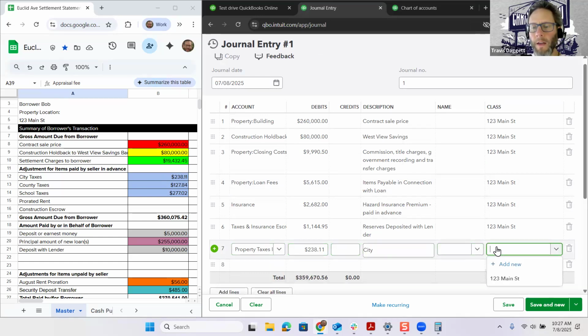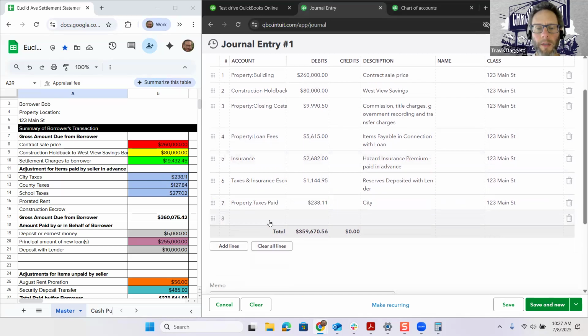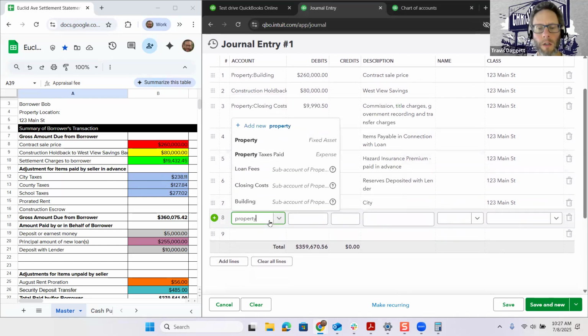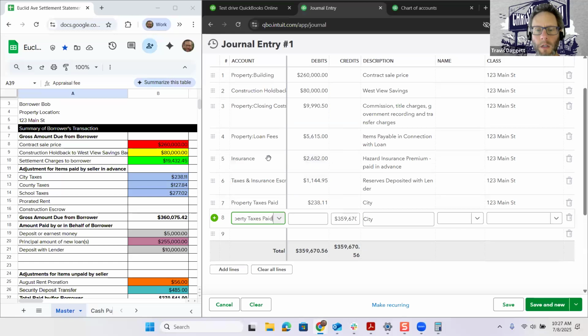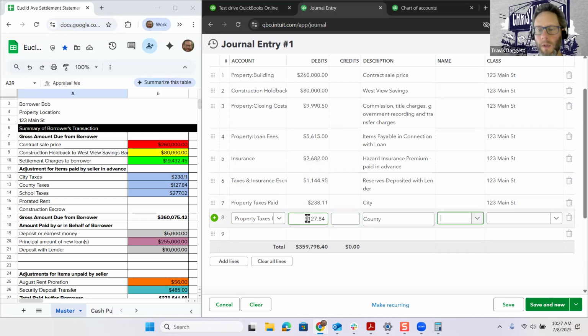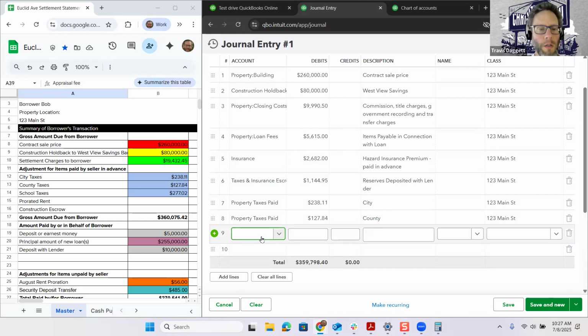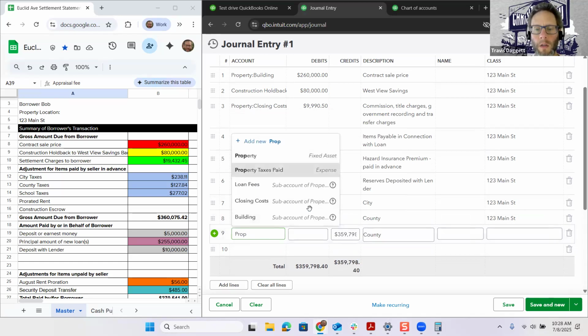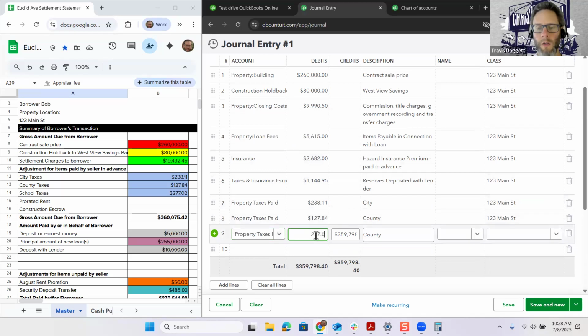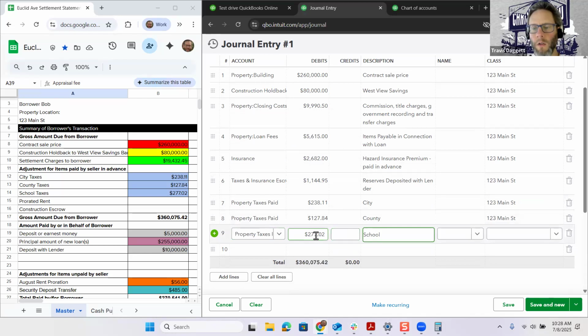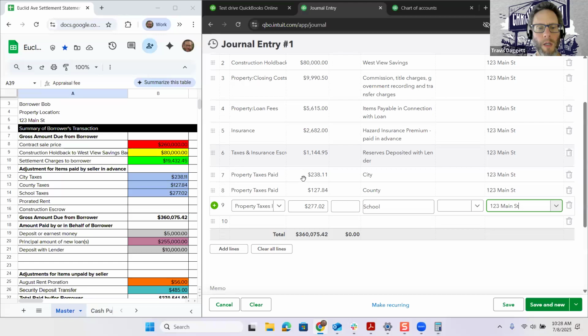City. Again, specific property, yes. County. And school. Okay, got those expensed.